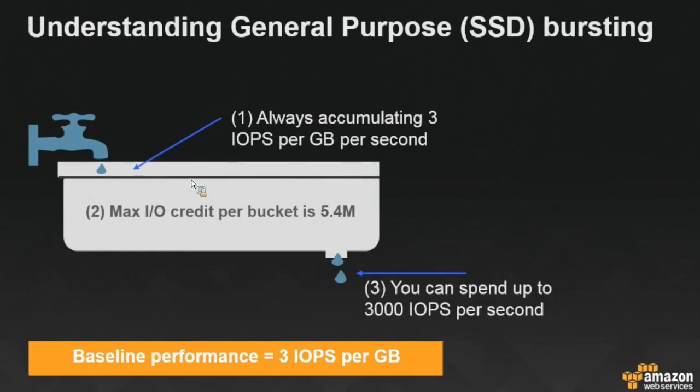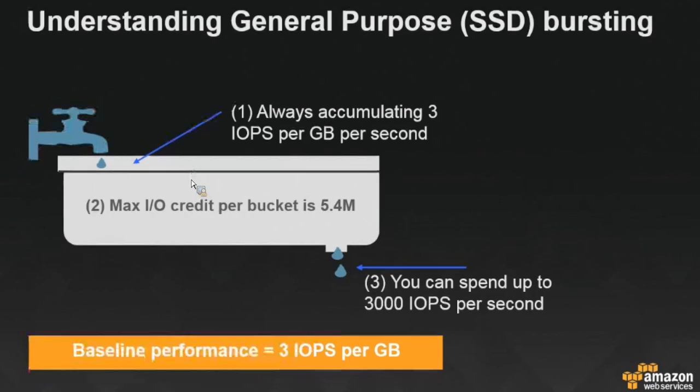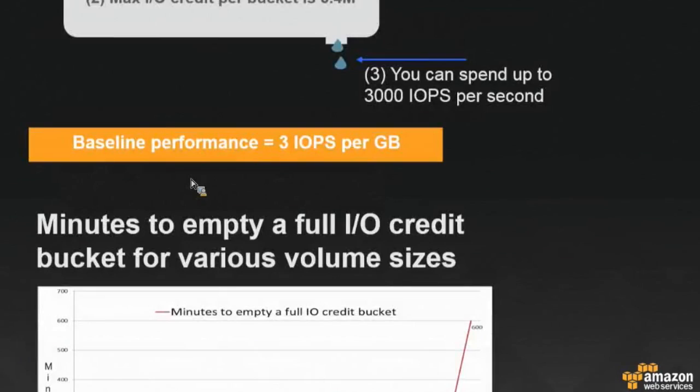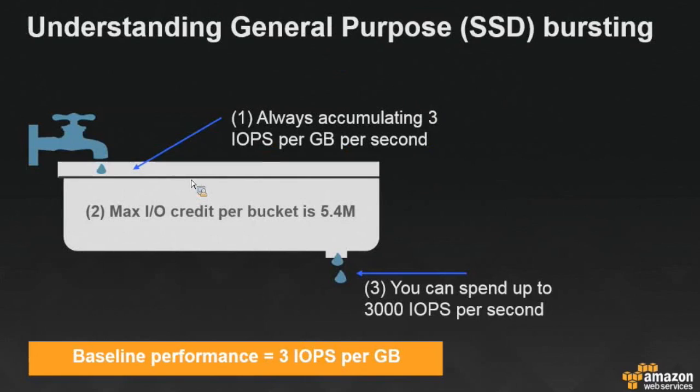That's because it's always accumulating at the baseline performance. If you have a volume which has 100 gigabytes, it's always going to be accumulating at 30 IOPS a second.